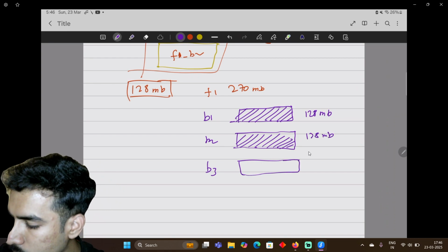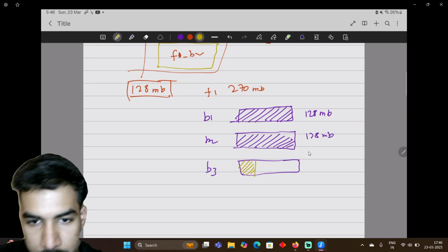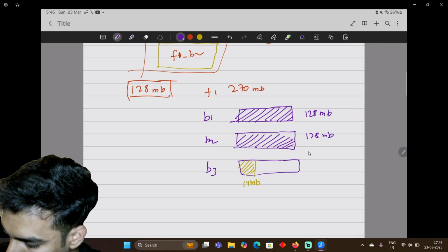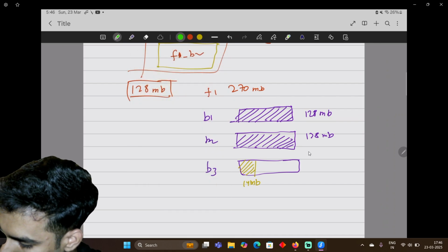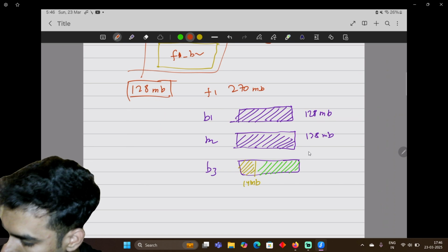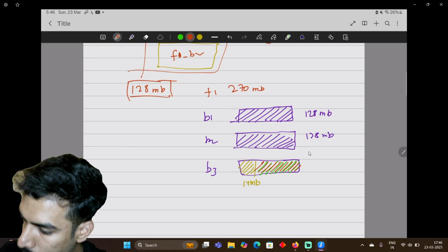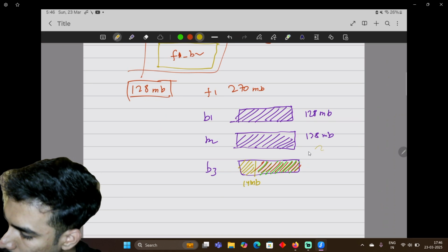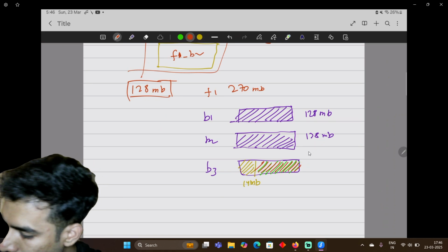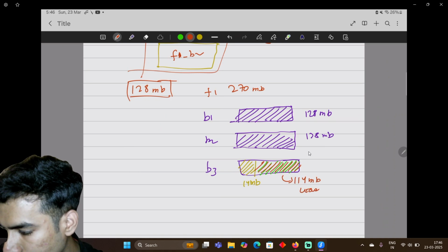Now the rest of the 14 MB is occupied here, but this space will get wasted. This 128 minus 14, what is it? 114. This 114 MB space was getting wasted.